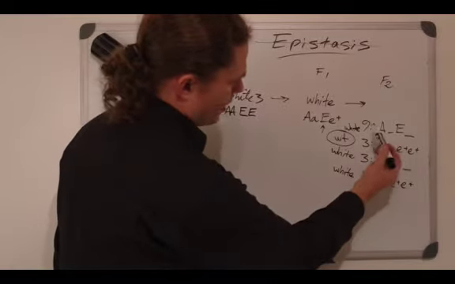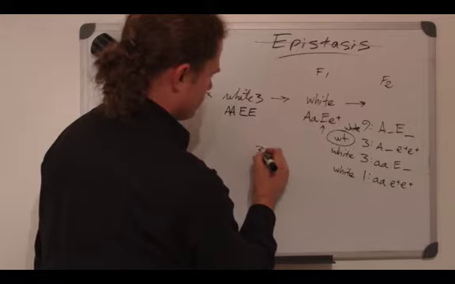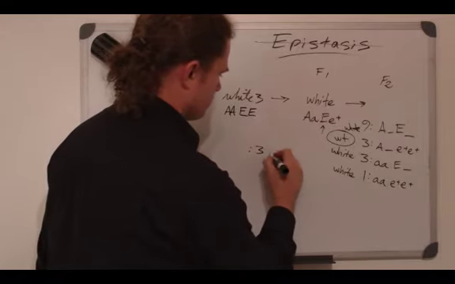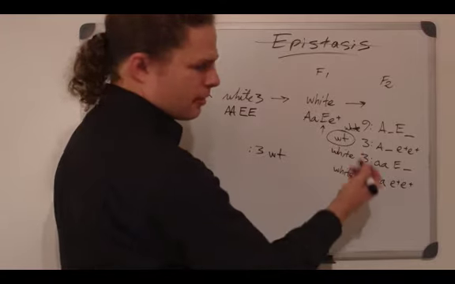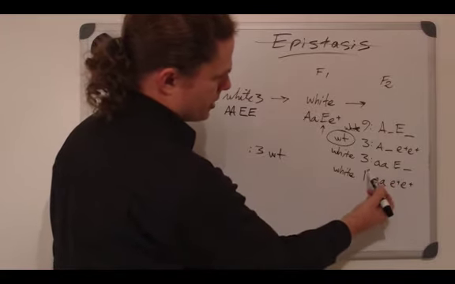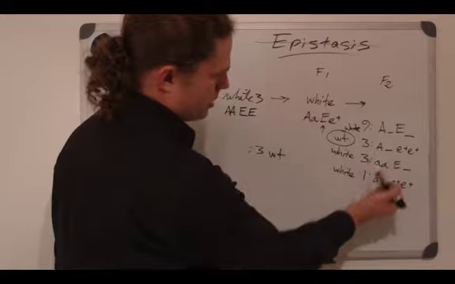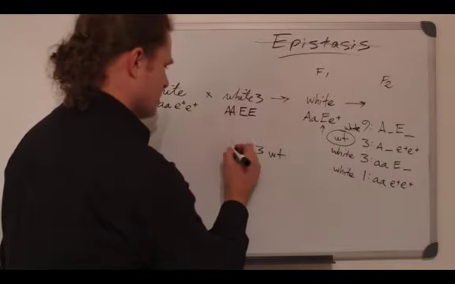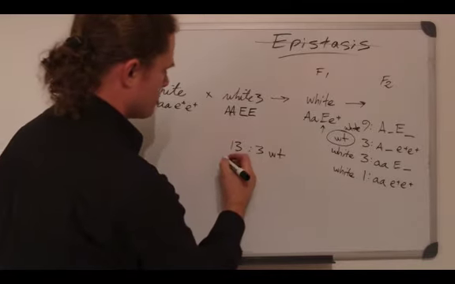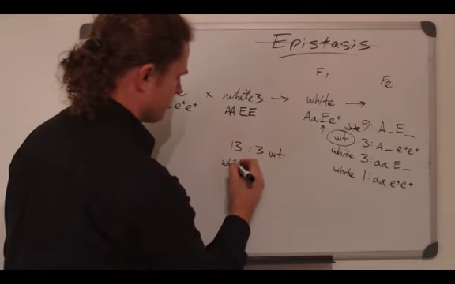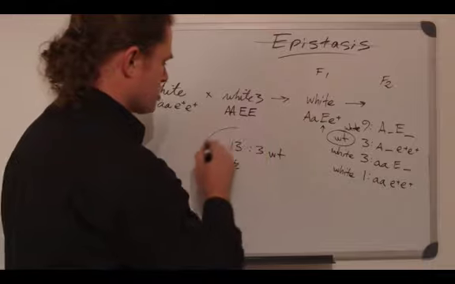Okay, so we have 3 that are wild type in the 9-3-3-1, and the other ones grouped together and are white, and that adds up to 13, as you'll see. So 9 plus 1 is 10, and the 3 gives us 13. So a 13-3 mutant to wild type, or in this case, specifically white to wild type, is the ratio that you would expect to see.